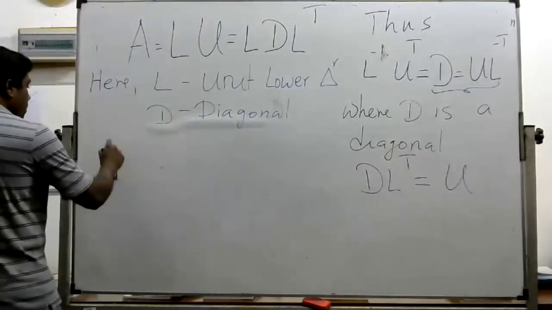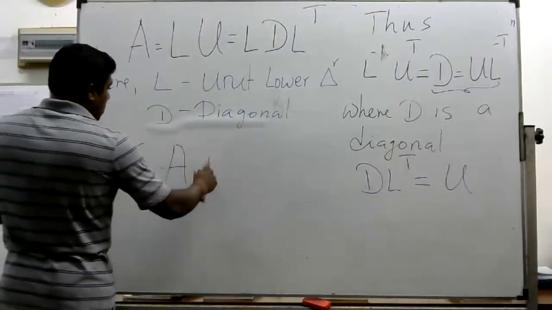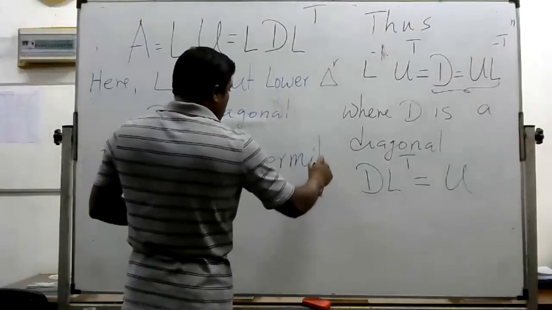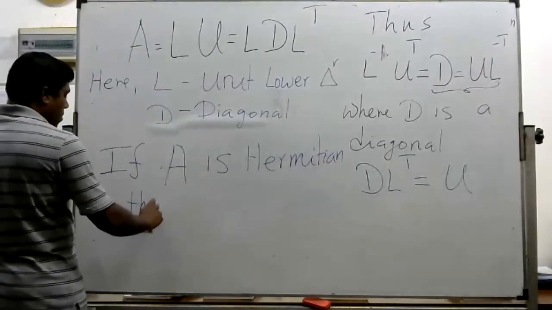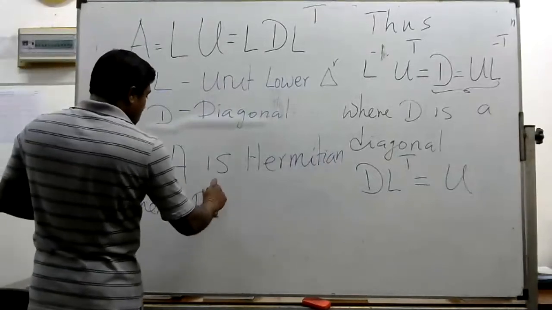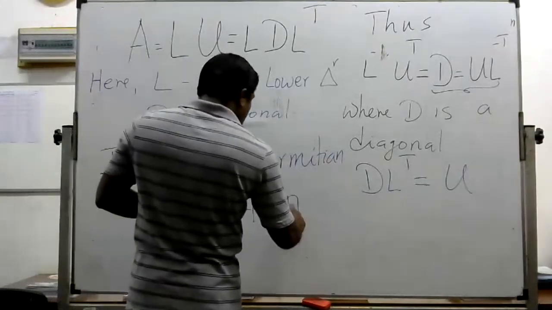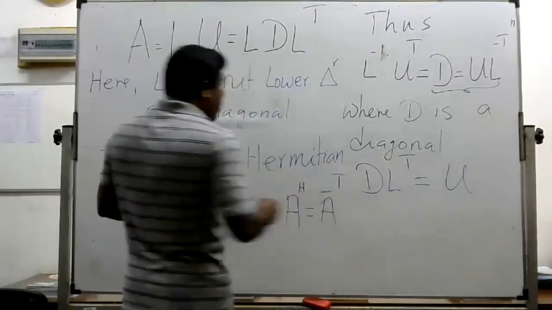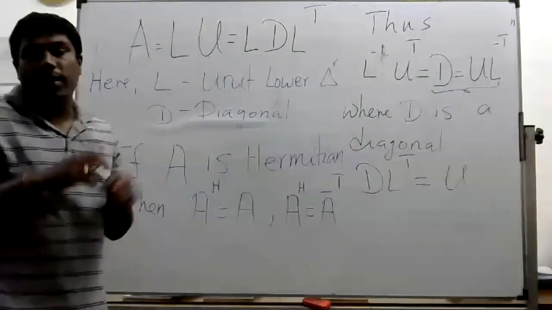Right, so if A is a real matrix, then A transpose is the symmetric version.